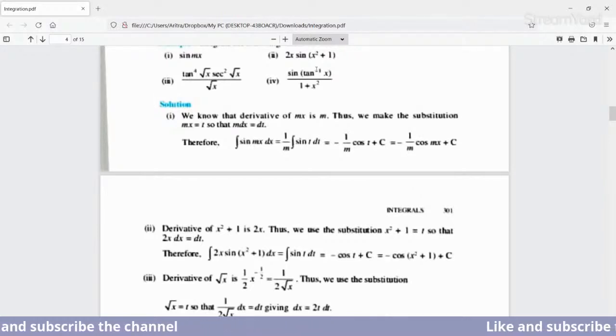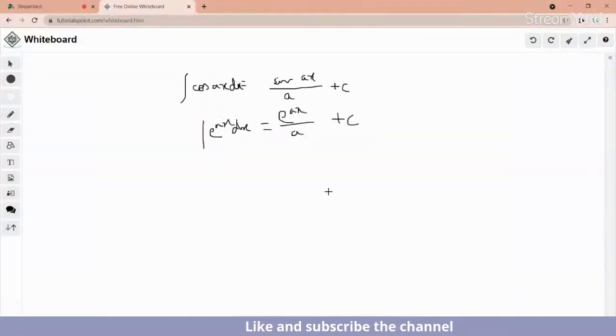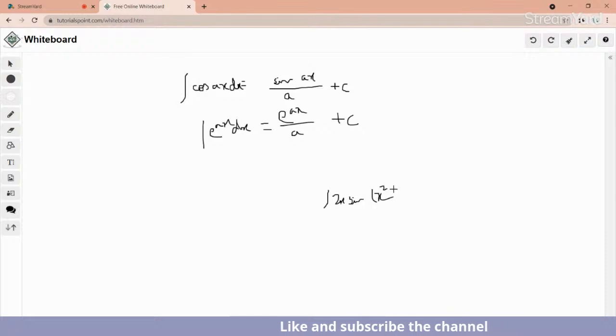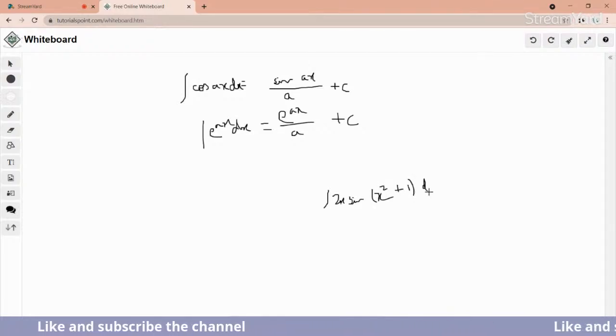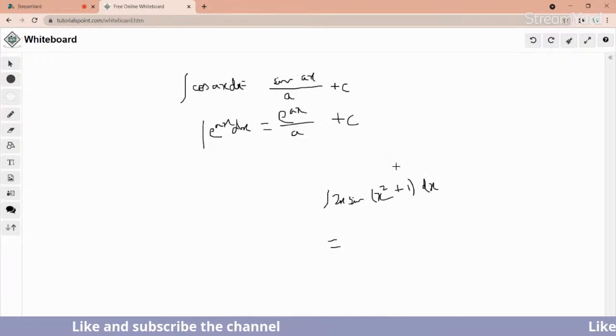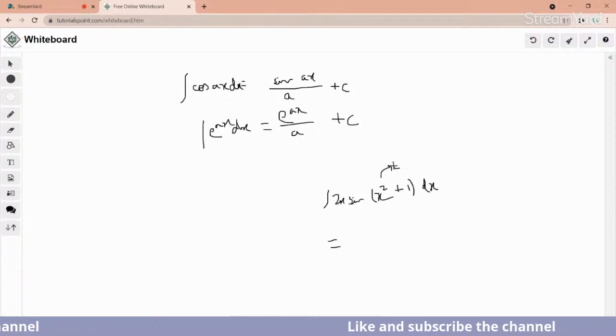Written in question form, it will be the integration of 2x sin of x square plus 1 dx. Let's assume x square plus 1 to be t, or u, whatever alphabet you like.